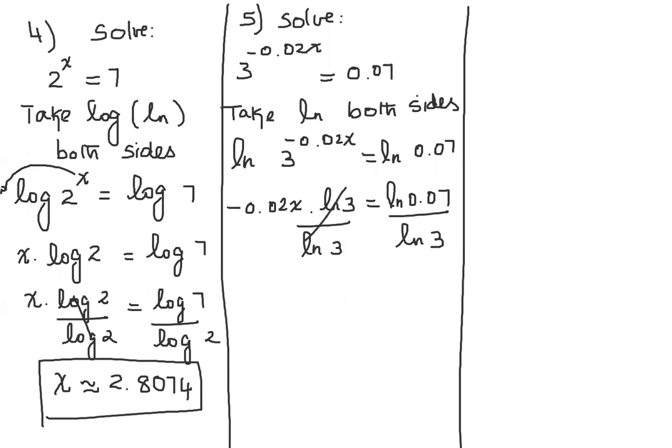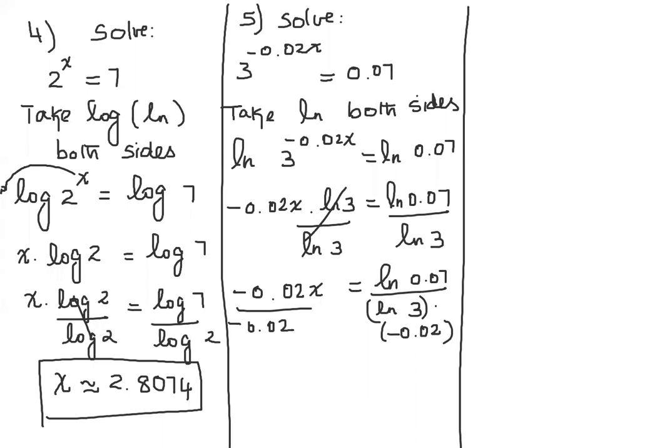So we can get the value of x. So ln 0.07 over ln 3. Now I have to move this negative 0.02, so you put times negative 0.02 in the denominator.